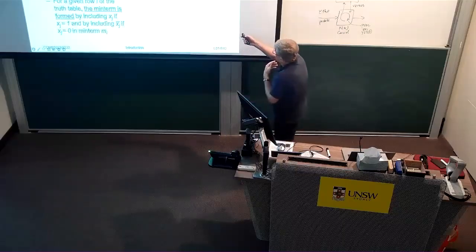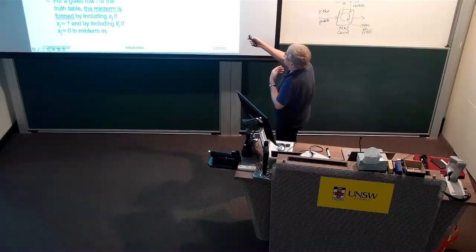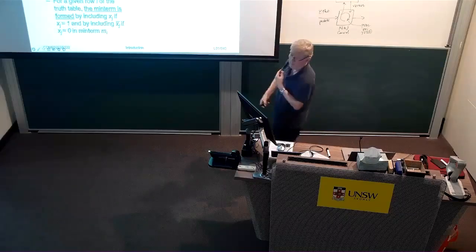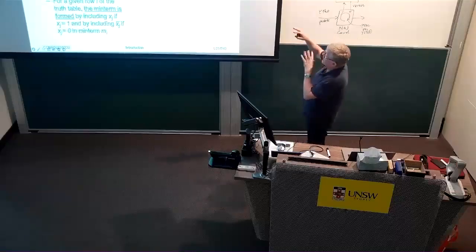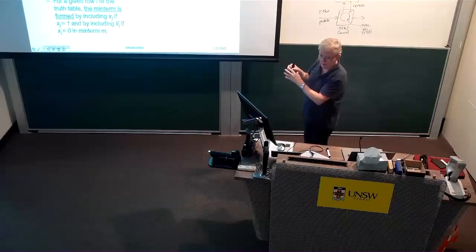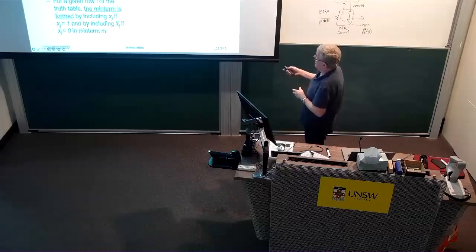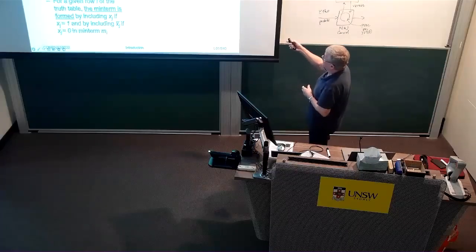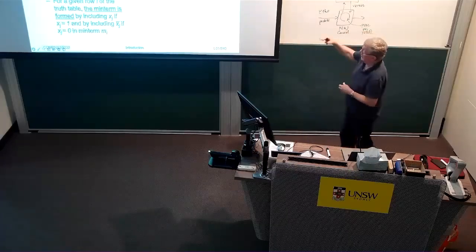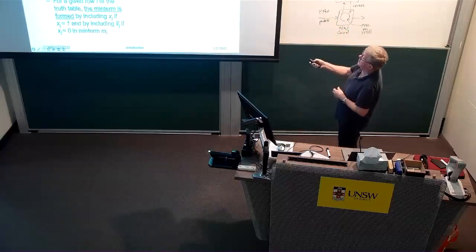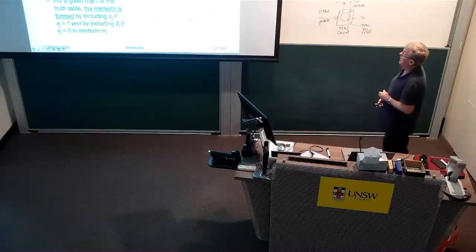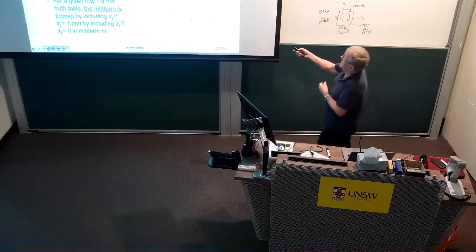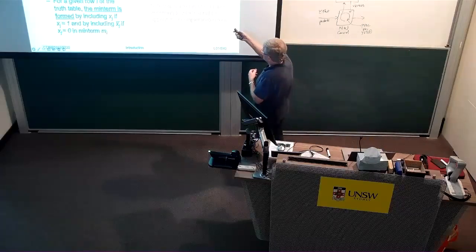So here we have a truth table with 3 variables in it, x1, x2, x3, and that means we'll have 8 rows, and therefore there are 8 combinations of those variables that can appear. And over on the right-hand side are listed the min terms, one for each row in the truth table.